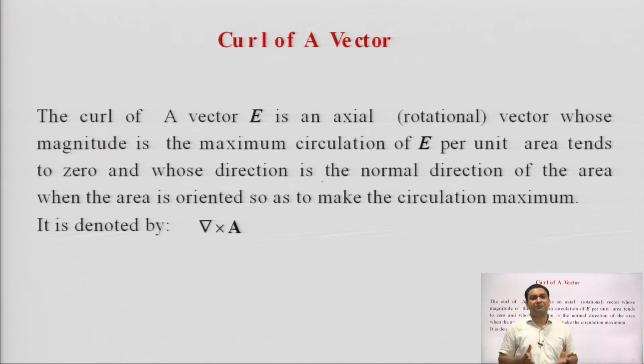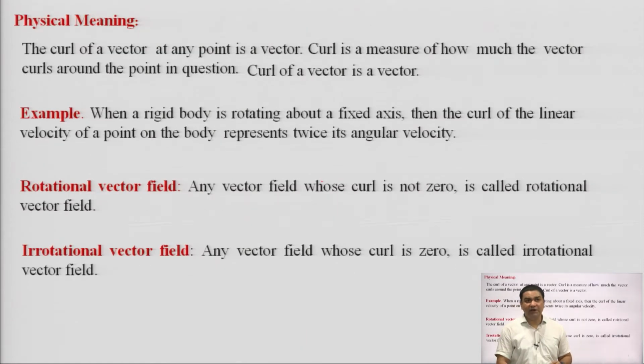The overall theory of this curl of a vector is the calculation of the maximum rotation about the axis, and when we denote this particular curl of a vector, it is like del cross E, and simply we can elaborate it in the form of different significance, like what is the physical meaning of this curl of A.